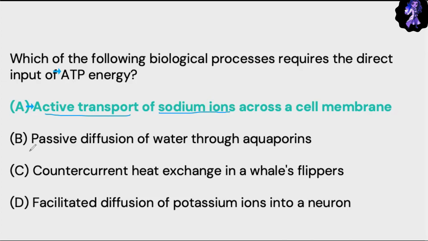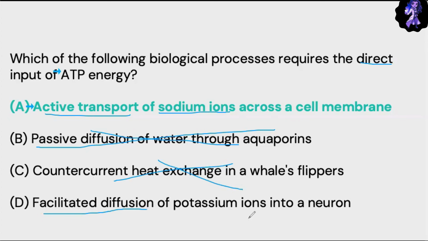Now, with answer choice B, it talks about passive diffusion. Remember, that is the opposite of active transport and does not require any sort of ATP. And so we would disregard that as a potential answer. Countercurrent heat exchange, while it may involve ATP, is not a direct form, and therefore this would not be a favorable answer as well.